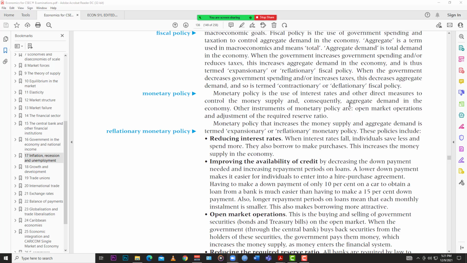So let's get this word out of the way first. Aggregate demand. What aggregate demand means is, remember we're looking at the economy as a whole. So we're combining all the demand in the economy. So everybody would have an individual demand curve, or a market would have their own demand curve.